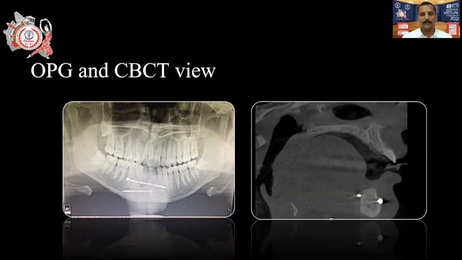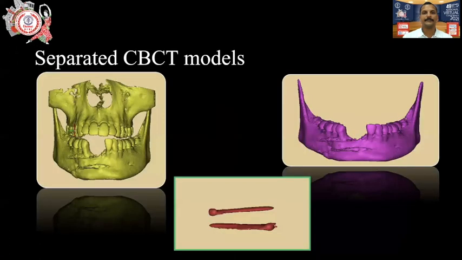Even though there are many slices, I would like to show only one slice where the 2 fixation screws are visible. One screw is placed from buccal to lingual, and the other is placed the same way in the opposite direction, to fix the fracture.